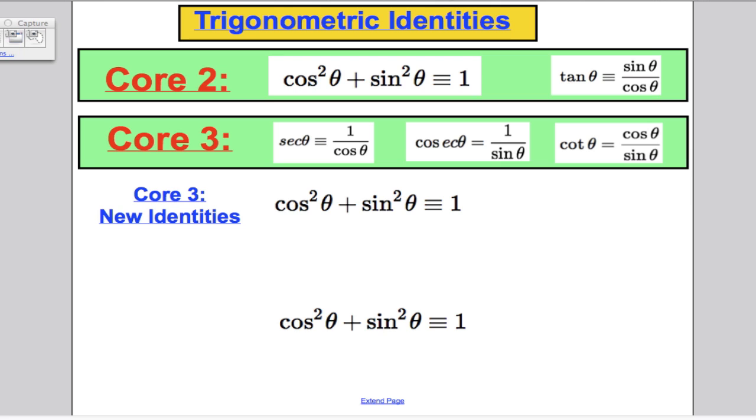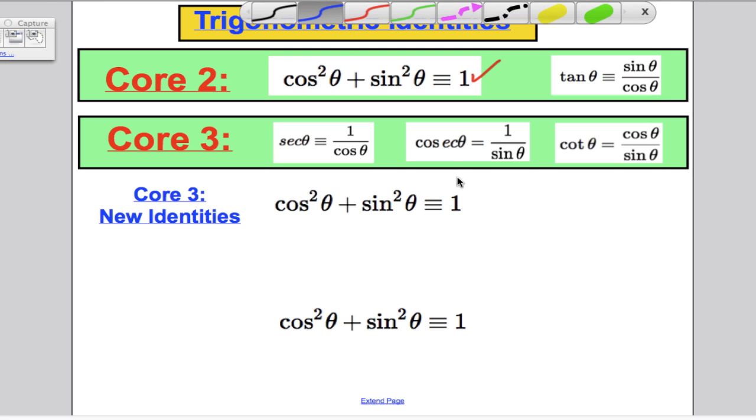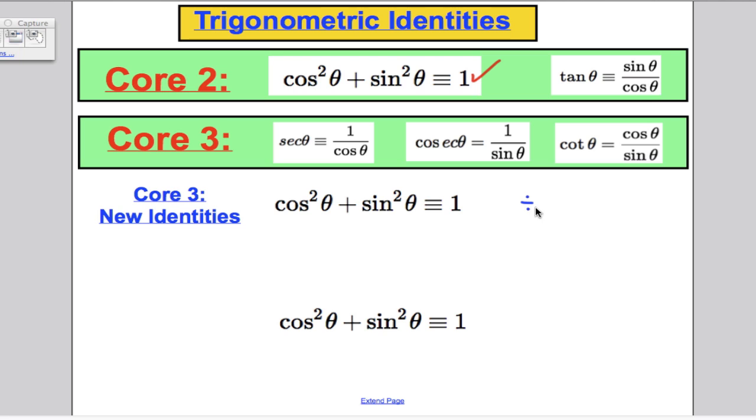You start with your most fundamental identity from Core 2. Cos squared theta plus sine squared theta is identical to 1. Imagine you took that and you divided every term by cos squared theta. Every term individually. You divided both sides of the equation by cos squared theta.